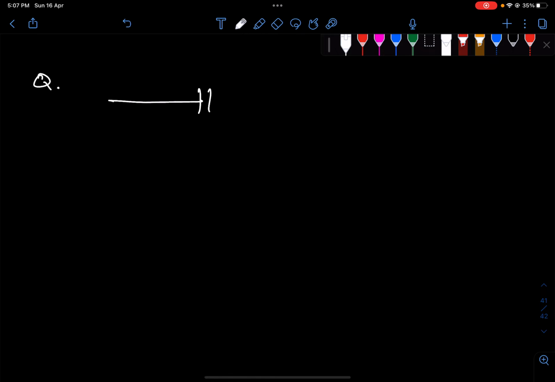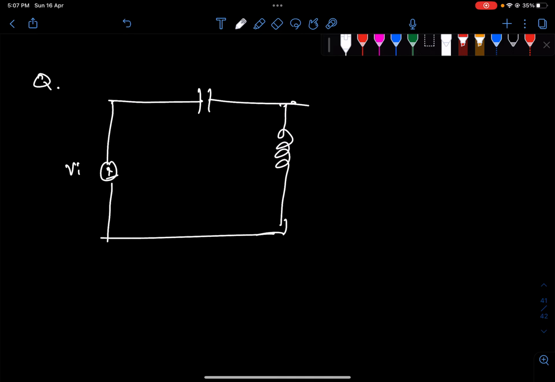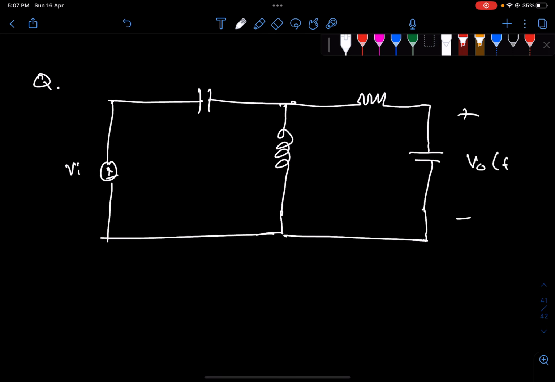Suppose a circuit is given to you, with an inductor, one resistor and one capacitor, and you are taking the output from C2. We have C1, L and R, and this is our V(t), the input, guys. We are asked to find the state space representation of this circuit.